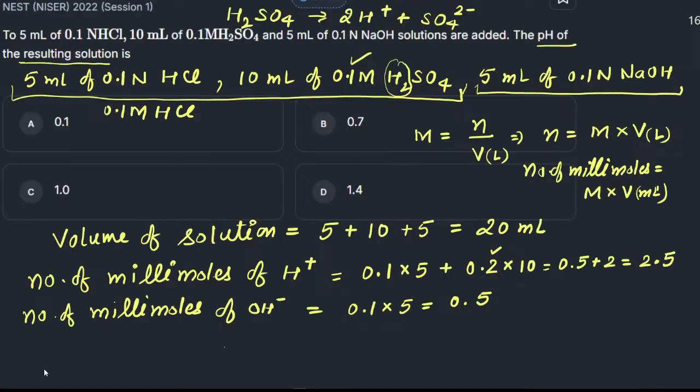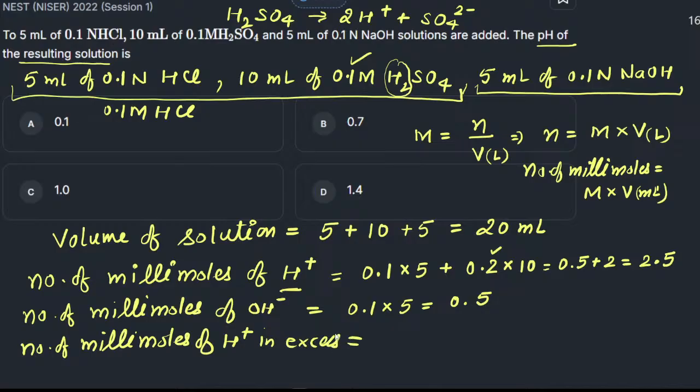So overall the millimoles of H plus ion is more. So the number of millimoles of H plus in excess after neutralization is 2.5 minus 0.5, that is 2.0. So the number of millimoles of H plus ion is 2.0.